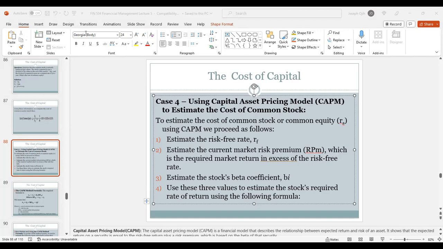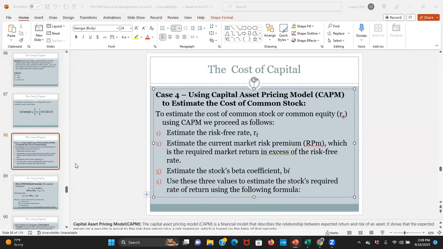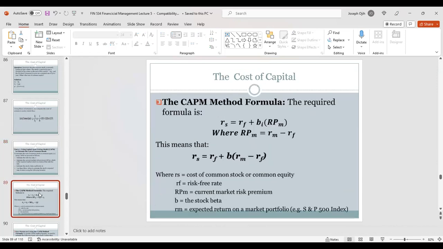For example, an investor looking for a relatively low risk investment might choose to buy a stock that has a beta less than 1, because a beta less than 1 is less risky. So again, beta tells us how risky or volatile a stock is relative to the market as a whole.